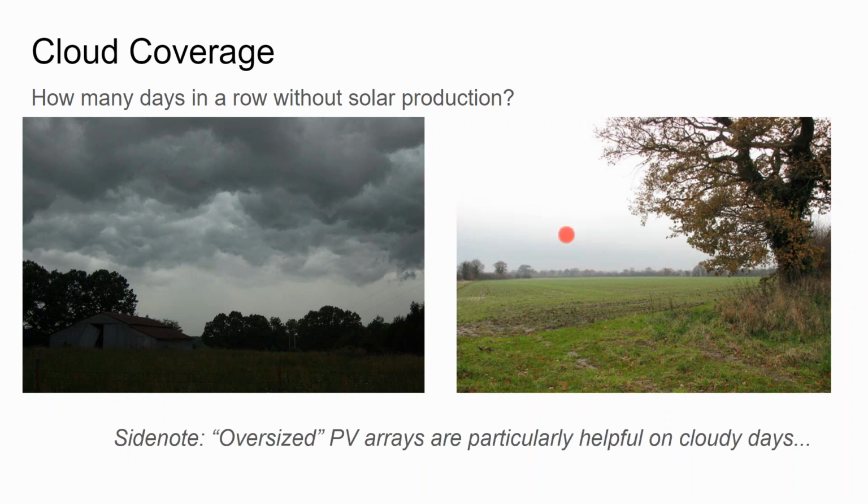In fact, if you oversize the array, then you might find that even on overcast days, you're not draining your battery bank. So, you definitely want to err on the side of oversizing the PV array, particularly if you're in cloudy areas or cloudy winter.